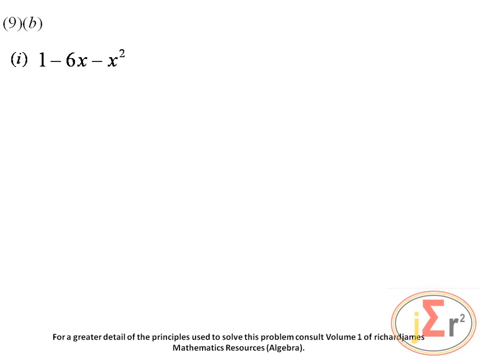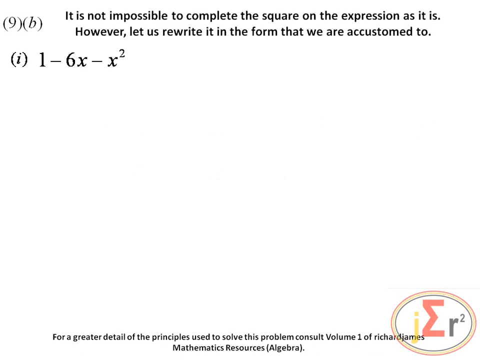So let us complete the square on that expression. It is not impossible to complete the square on the expression as it is. However, let us rewrite it in the form that we are accustomed to by putting the x squared as the first term.